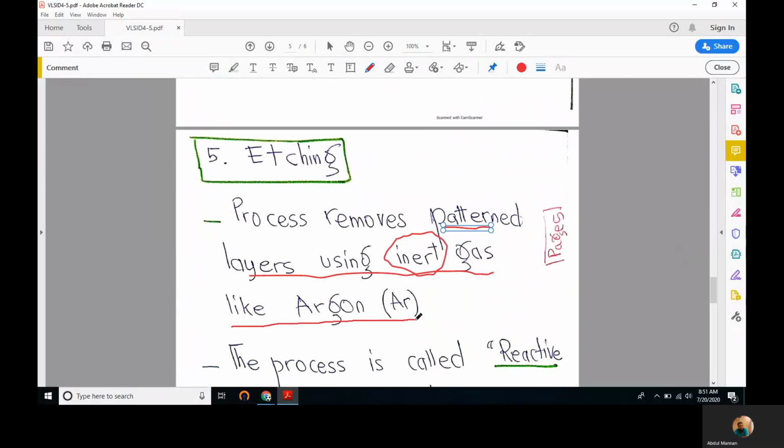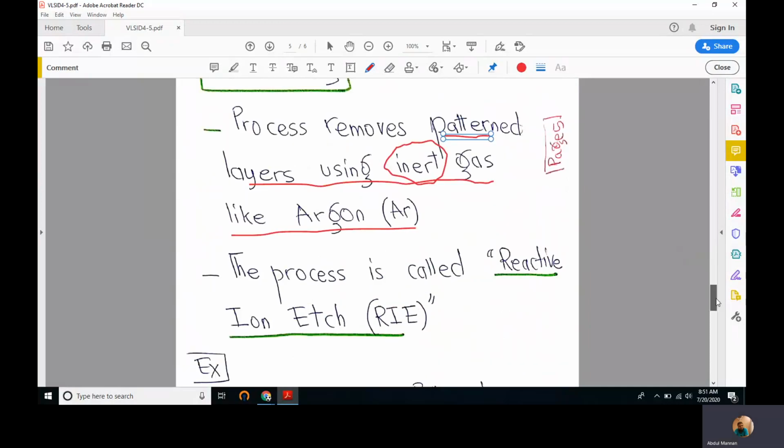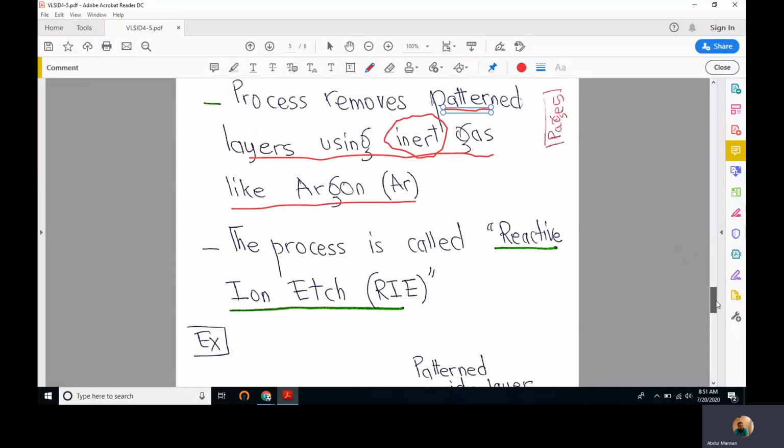For example, argon. There are many gases in the same last column, the eighth column of the periodic table, which have 8 electrons in their outermost shell and do not react with any other metals or materials. The process is called reactive ion etch, RIE.